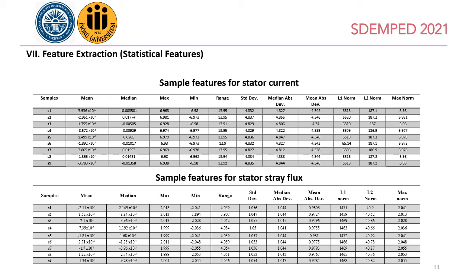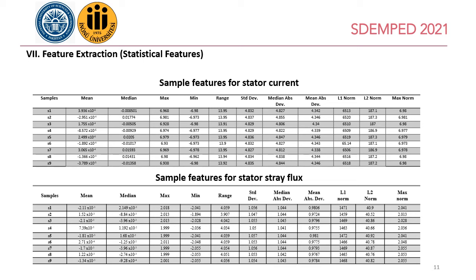Statistical feature extraction, with sample features for the stator current and sample features for the stator stray flux. The features obtained from the discrete wavelet transform are mean, median, max, minimum, range, standard deviation, median absolute deviation, mean absolute deviation, L1 norm, L2 norm, and max norm.